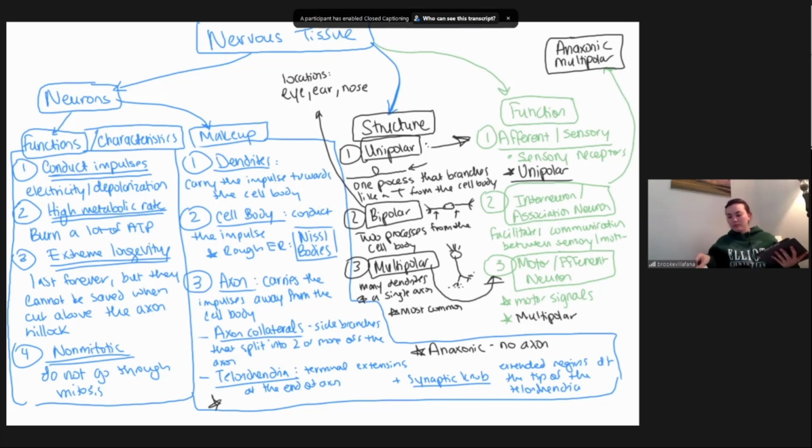Okay. All right. So that brings us to the last little part here of this chapter, which is glial cells. And what we're going to do next week on Monday is we're going to talk about the brain, which is going to be pretty involved.